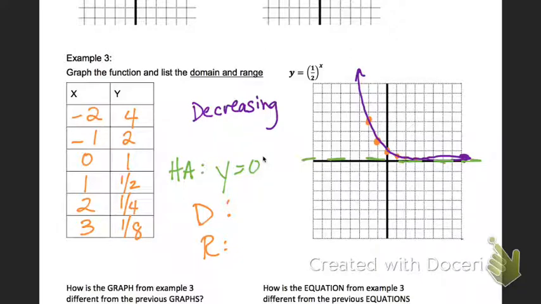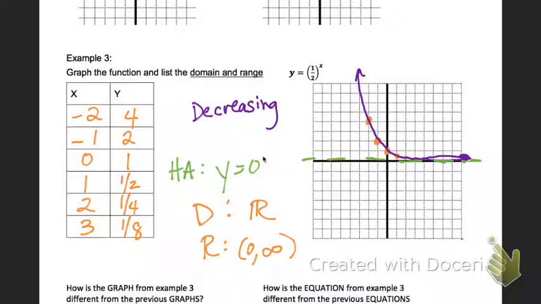So the domain is still all real numbers, because if I read it from left to right, and then range, bottom to top, the lowest it ever goes is 0. The highest is to positive infinity. So it's not changing, it's just changing directions, essentially. It's like I made it go decreasing instead of increasing.